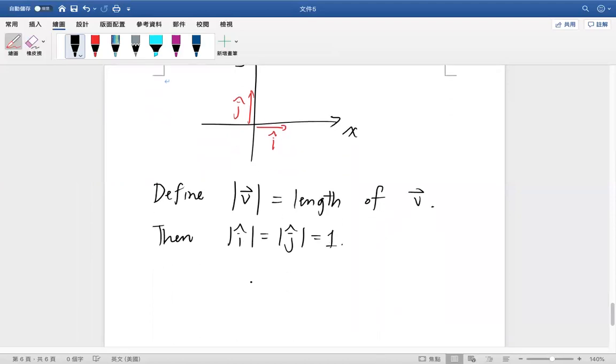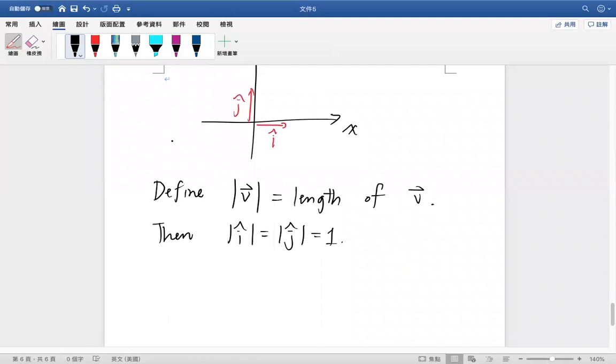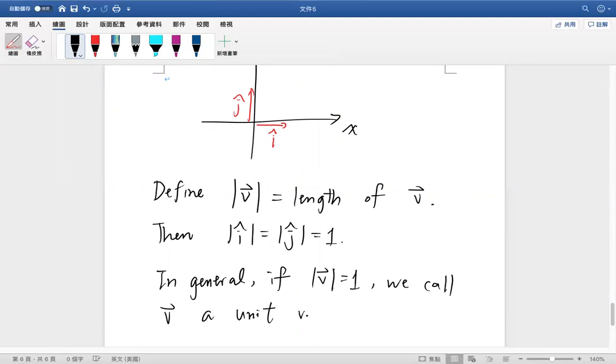All right. And in general, if a vector v has length 1, we call v a unit vector. That's just a definition, that's how we call these kinds of vectors.